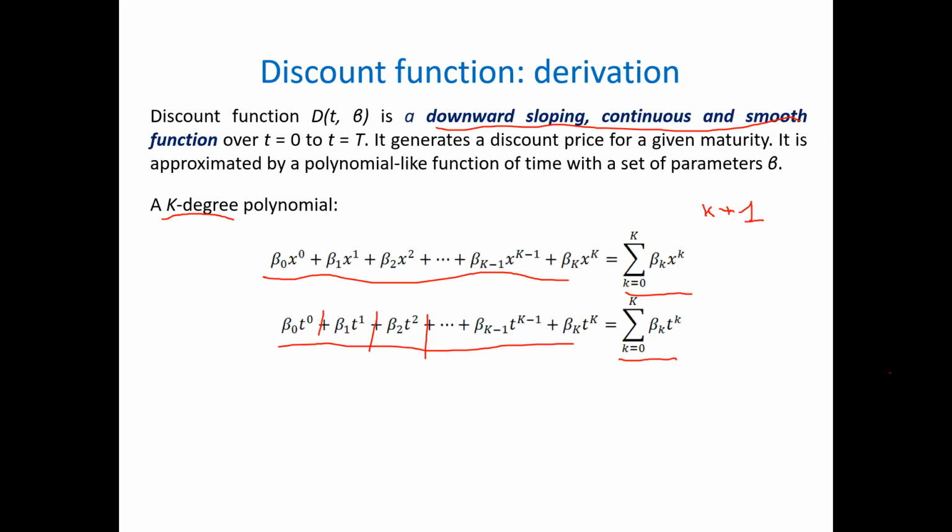So for example, the first term, okay, slope. Well, all the coefficients are slope coefficients, but if you look at the first one, I think it can be considered as an intercept, because t raised to power 0 is 1, and beta 0 is a constant, so we will get some constant here.